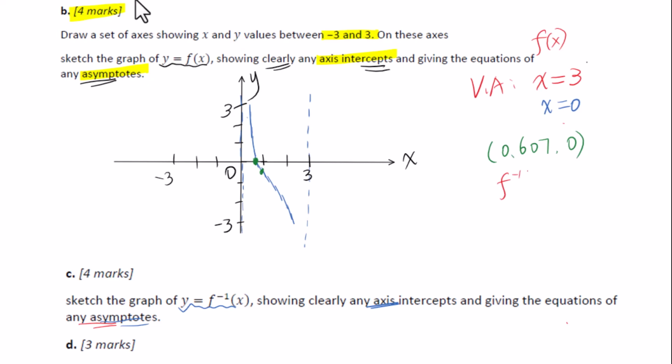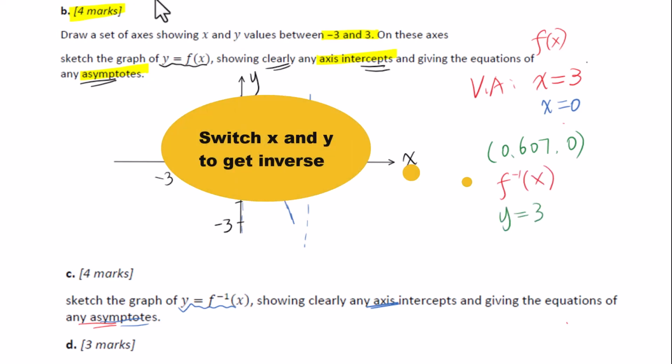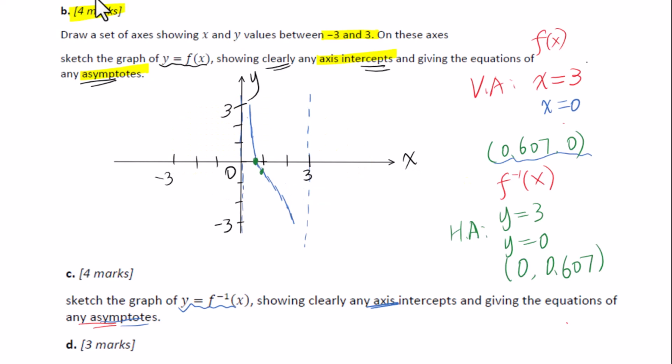Then for inverse f of x, y equals 3 becomes x equals 3, because x and y switch, and y equals 0 becomes x equals 0. It will be a horizontal asymptote line. Then the x-intercept will be the y-intercept in the inverse function.